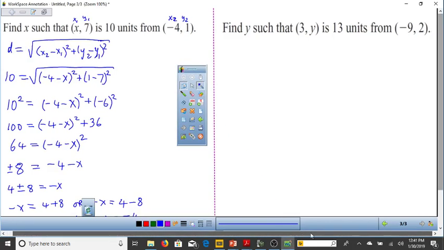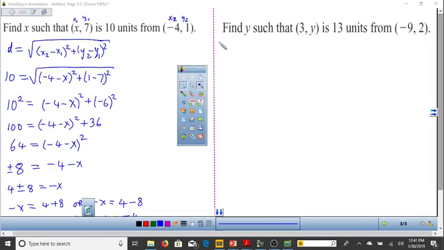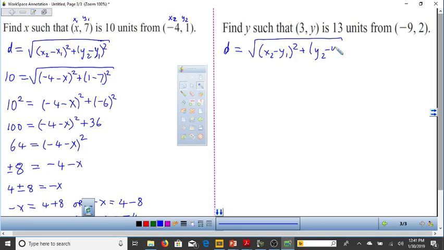Next example. Same situation, so we're using the same approach. The distance between the 2 points is the square root of x2 minus x1 squared plus y2 minus y1 squared. And this time I'm going to call this point x2, y2 and this one x1, y1.